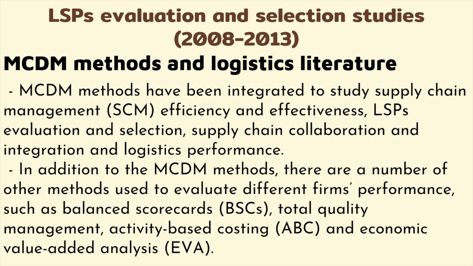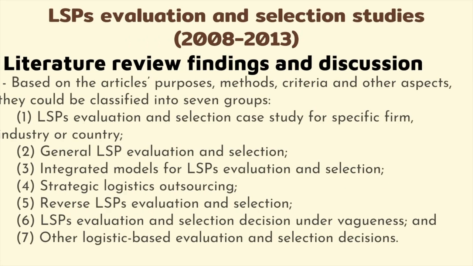In addition to the MCDM method, there are a number of other methods used to evaluate different firms' performance, such as balanced scorecard, BSC, total quality management, activity-based costing, ABC, and economic value added analysis, EVA.